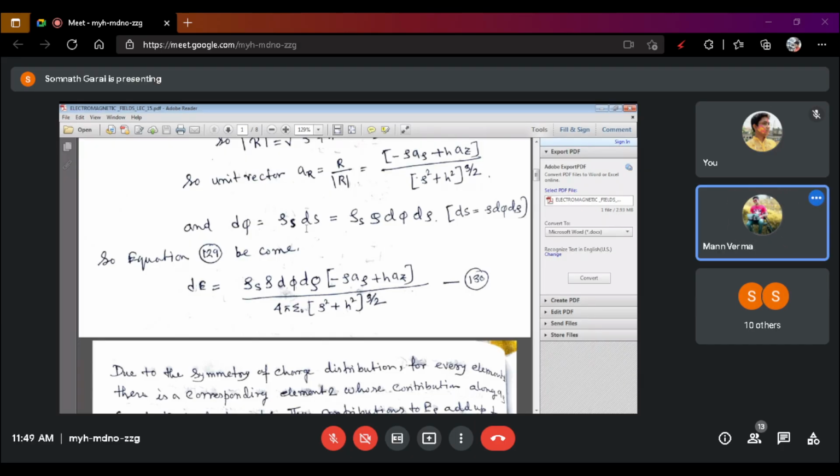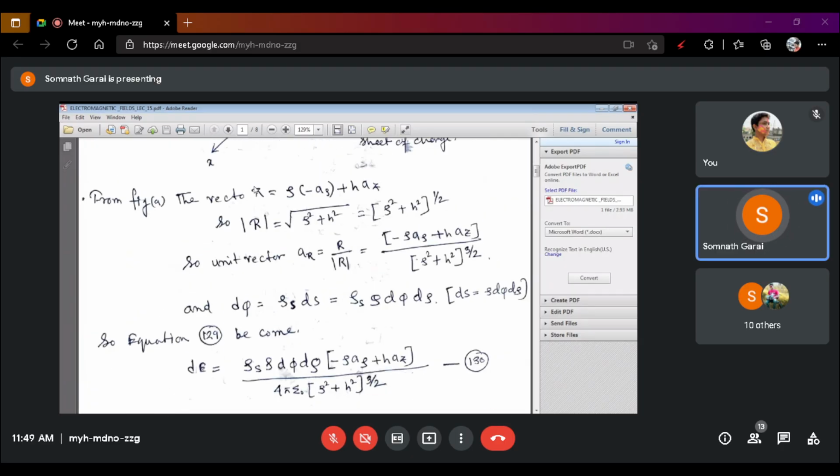Now we know that this vector is in cylindrical coordinate format. We have already studied that in the cylindrical coordinate format, the differential area is given by ds equals rho into d phi into d rho.